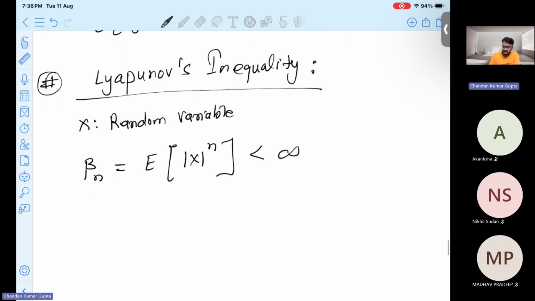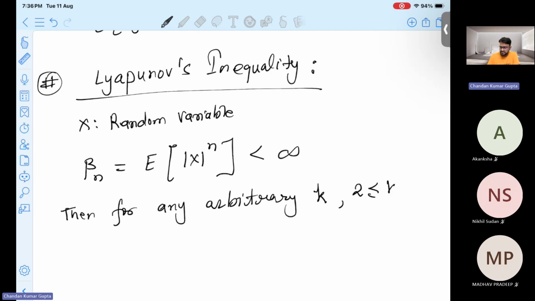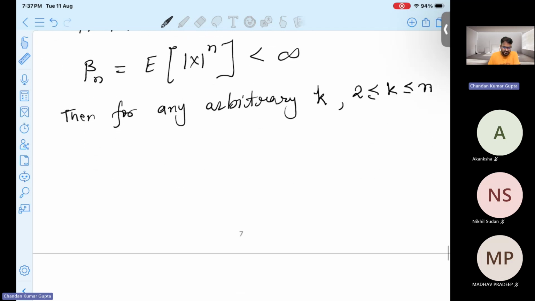Then for any arbitrary value of k, where k lies within 0 to n, it will be beta(k-1) to the power 1 upon (k-1) is always less than or equal to beta(k) to the power 1 upon k.